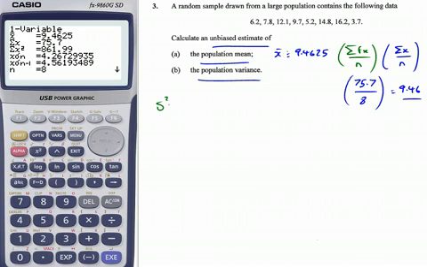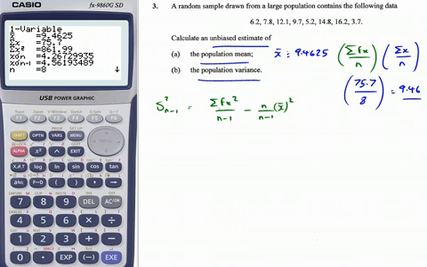That figure is calculated as the sum of fx squared divided by n minus 1, minus n all over n minus 1 lots of x bar squared. And again we have those figures.